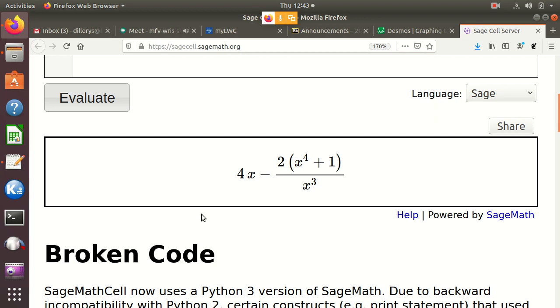Right? And I could evaluate that derivative at points. And I could actually go back and forth between this output from the Sage cell and put it into Desmos and look at the graph. Now, you can graph within the Sage cell and so forth, and we probably will. But Desmos is so darn easy to graph things in.